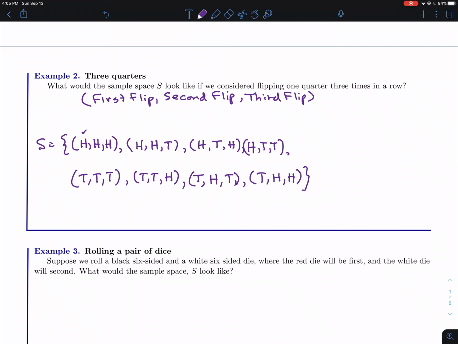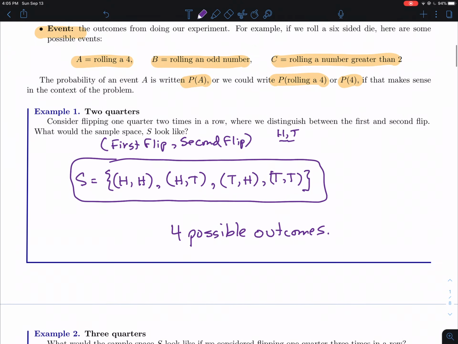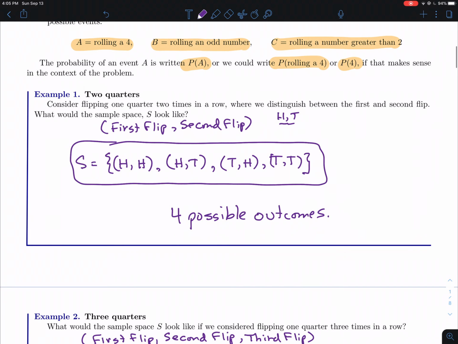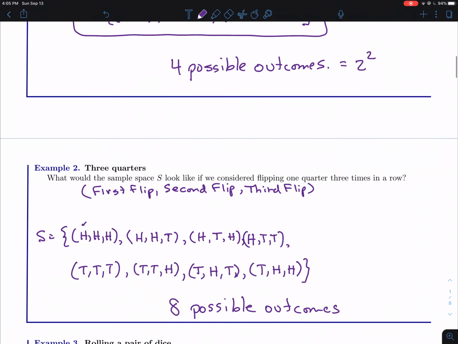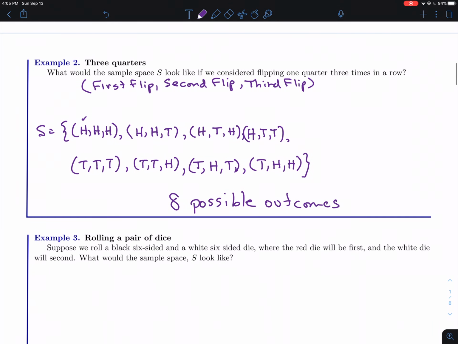And so in this case, with 3 flips of coins, I've got 1, 2, 3, 4, 5, 6, 7, 8. So I've got 8 possible outcomes. And the thing to notice is, when I was flipping 2 coins, I had 4 outcomes, which is the same thing as 2 squared. And when I had 3 coins, I had 8 possible outcomes, which is the same thing as 2 to the third.